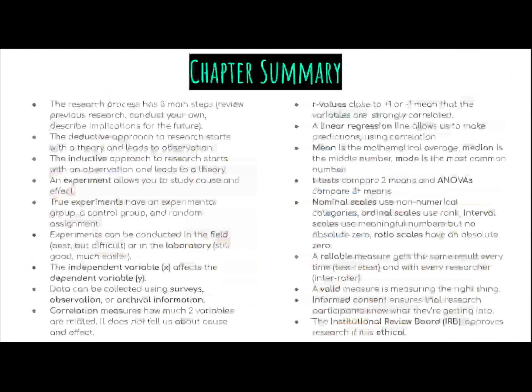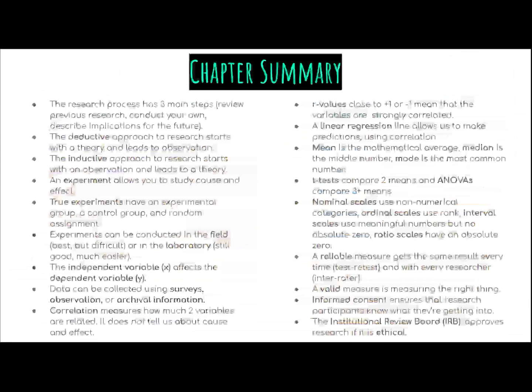The independent variable affects the dependent variable. Remember, these are only present in an experiment, independent and dependent variables. Data for experiments or other kinds of research can be collected using surveys, observation, or archival information, old data.